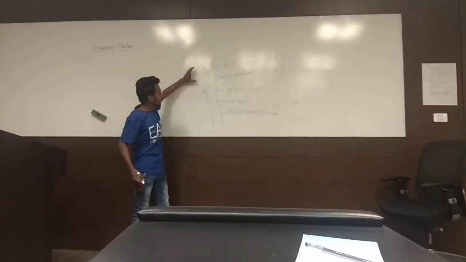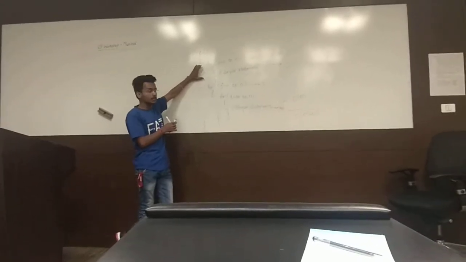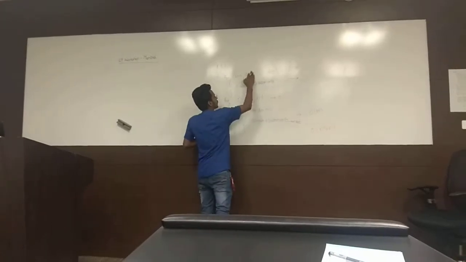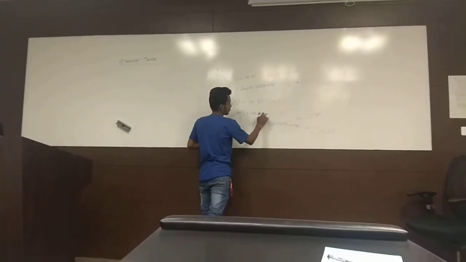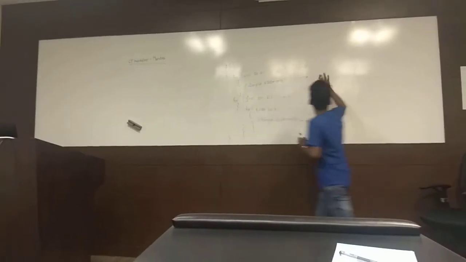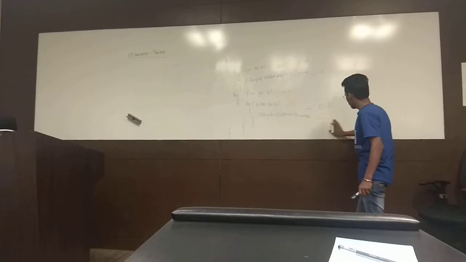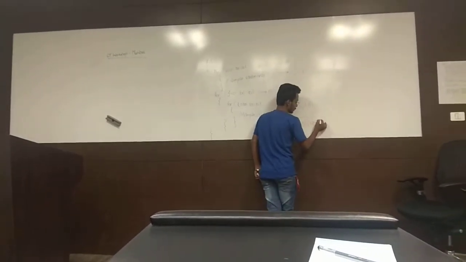So if you want to calculate the entire time complexity, suppose I'm taking this one as a and this one as b, then it would be big O of a and big O of b square, and the total time complexity would be a plus b square.